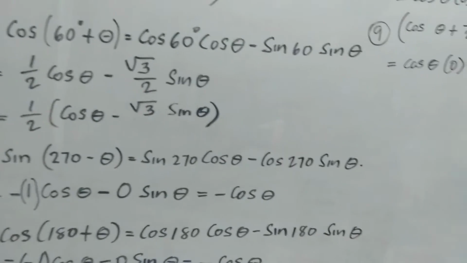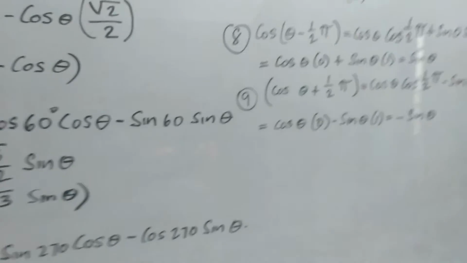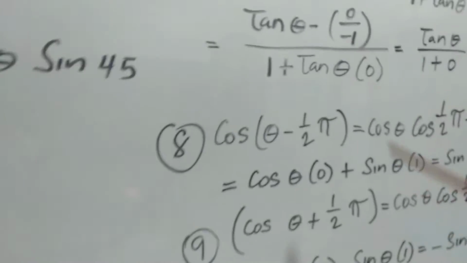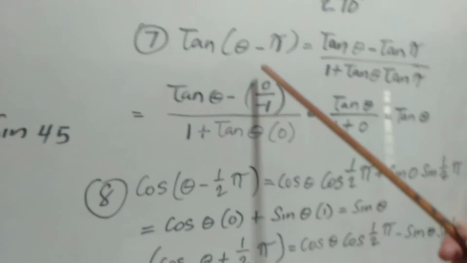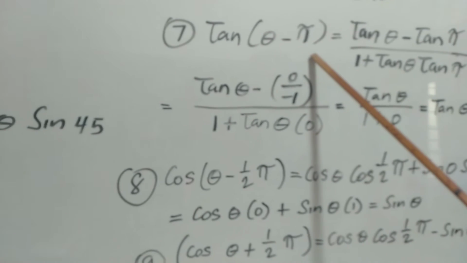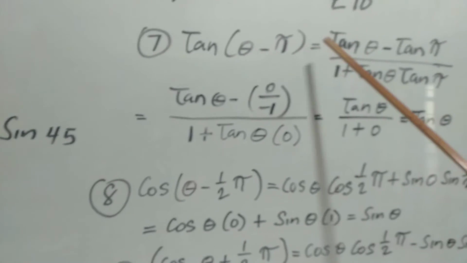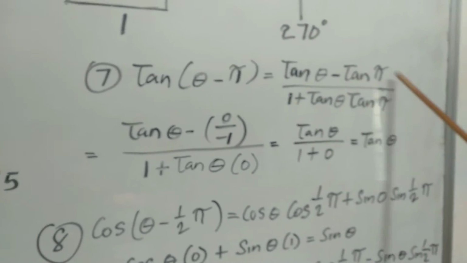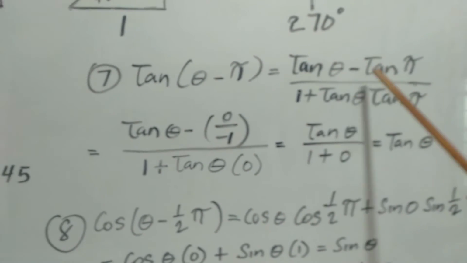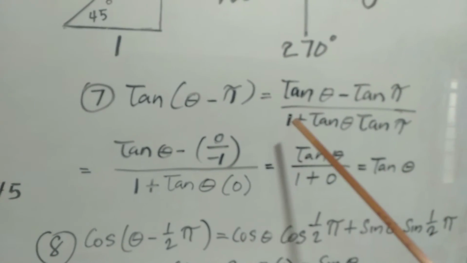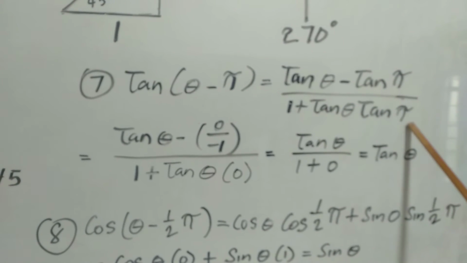For number 7, tangent of theta minus pi, we are going to use this formula here: tangent theta minus tangent pi over 1 plus tangent theta tangent pi.